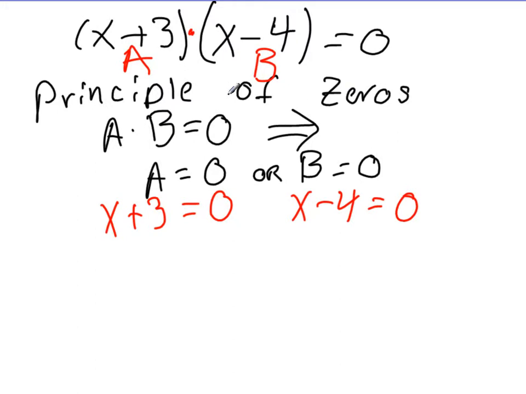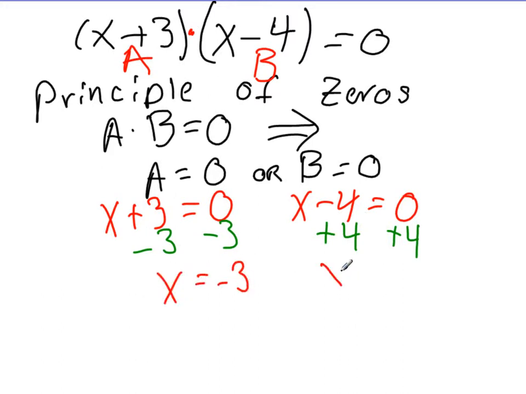We've essentially taken a quadratic equation and now have broken into two linear equations, and solving for x is relatively nice. We have to use our addition principle, move that 3 to the other side, and same deal with this 4 over here. We're going to move him to the other side. And we are left with x equals negative 3 or x equals 4 or both.